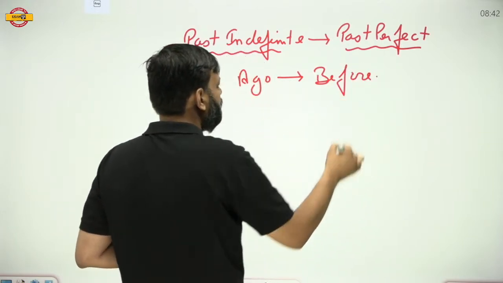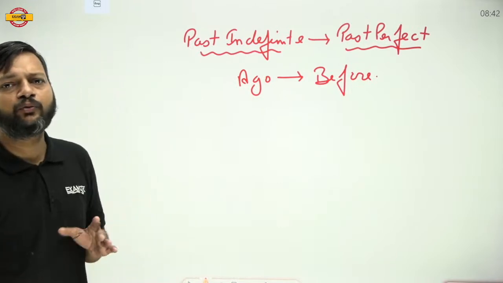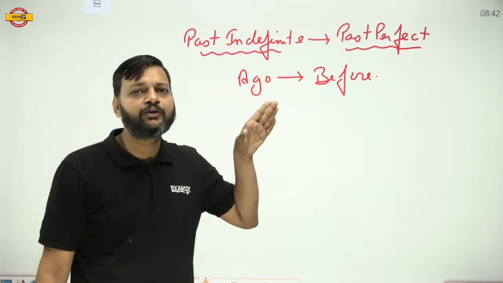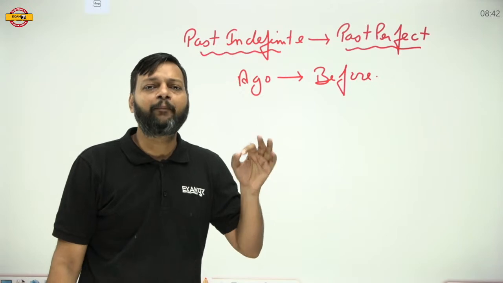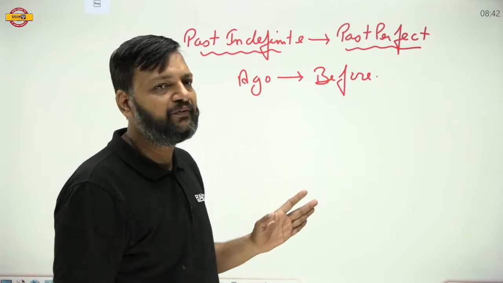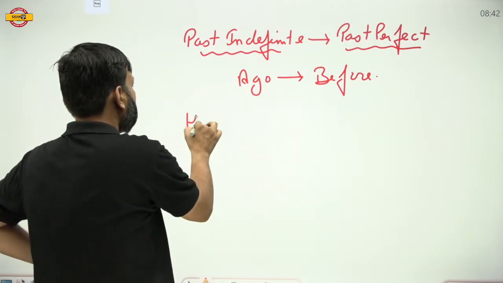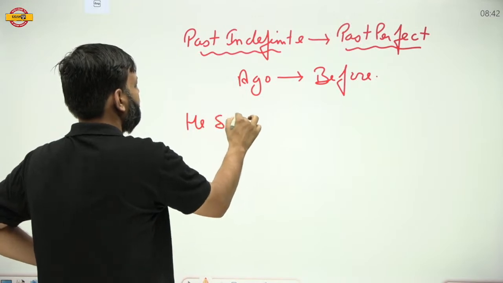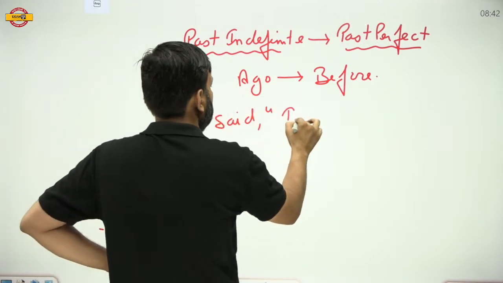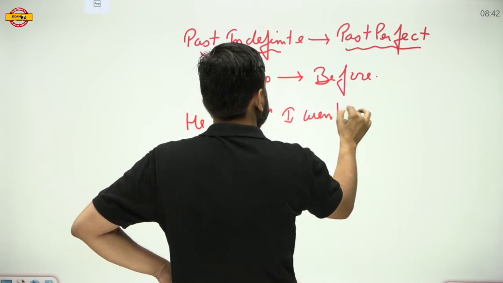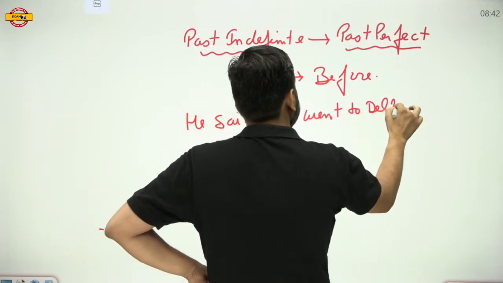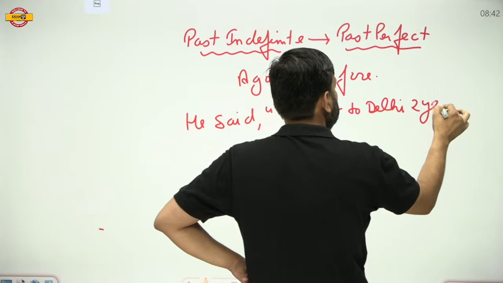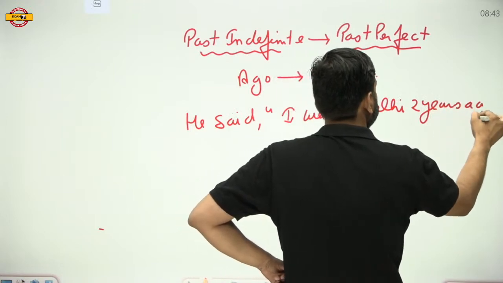You must know this rule, that ago has to be changed into before while changing a past indefinite tense into past perfect. So if there is a sentence, he said, I went to Delhi 2 years ago.